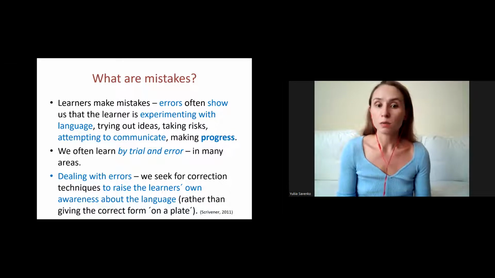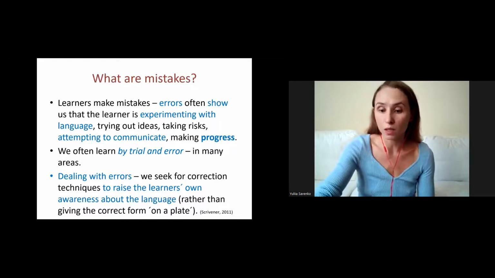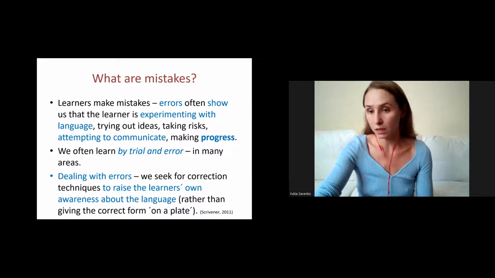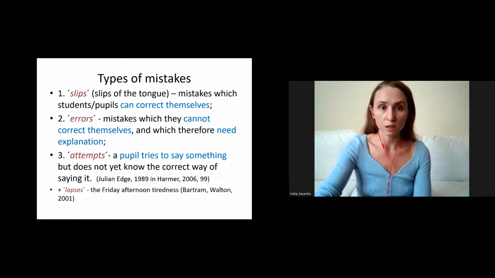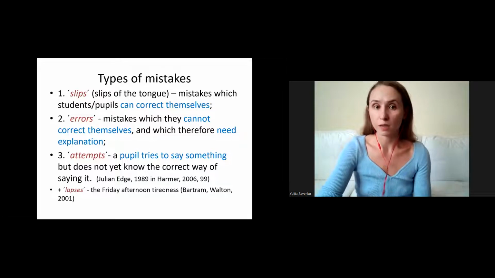And dealing with errors, we seek correction techniques to raise the learner's own awareness about the language, rather than giving the correct form on a plate. So you give them the opportunity to discover and find their mistakes, to understand them, not just to give them correct answers.